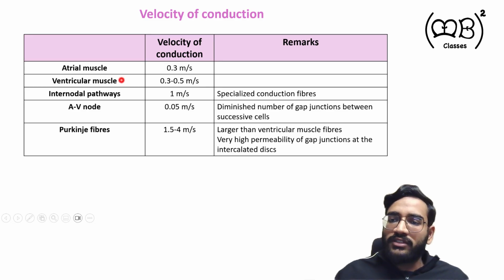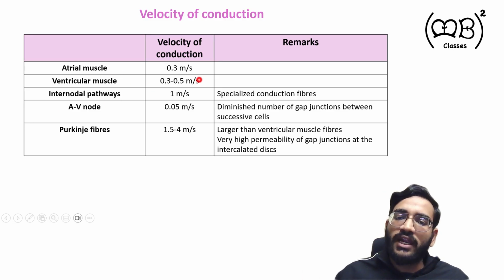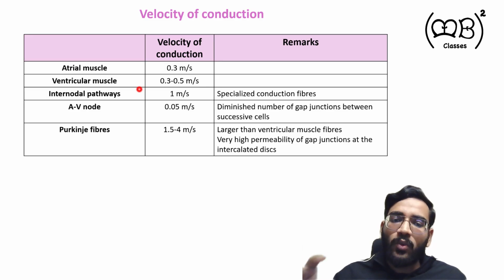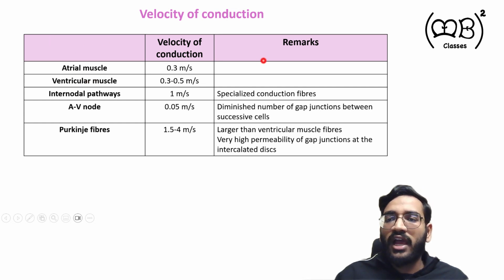Ventricular muscle fibers are slightly larger than the atrial fibers, and the velocity of conduction would be 0.3 to 0.5 meter per second. The internodal pathways and the Purkinje fibers are specialized conduction fibers. These are present only for the purpose of conduction. See, atrial and ventricular musculature have contractile fibers, but internodal pathways and the Purkinje fibers do not have contractile fibers or muscle filaments.